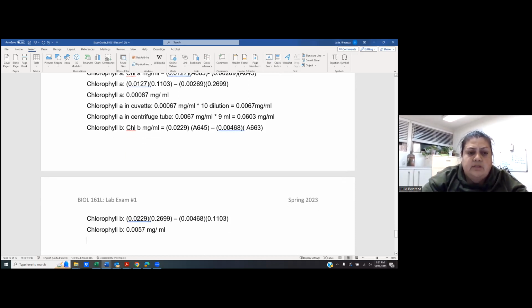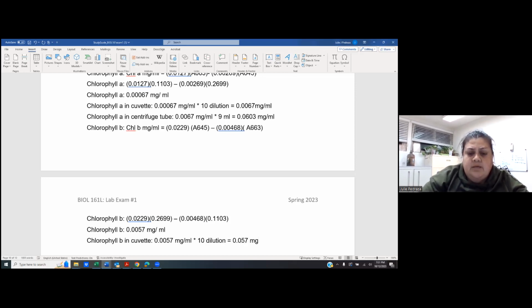And now we need to times the dilution, which equals 0.057.